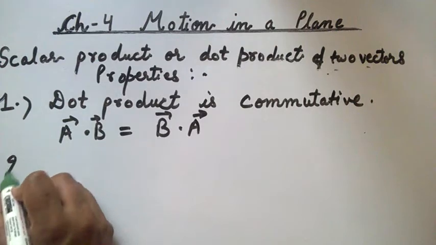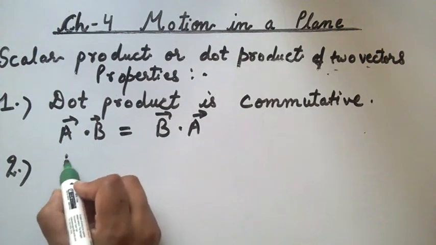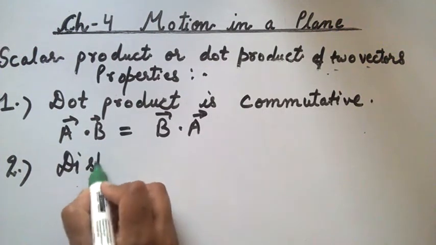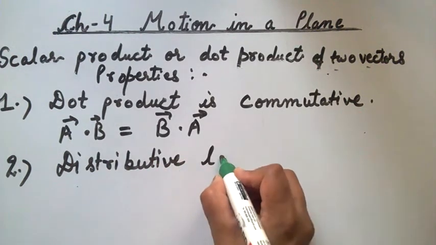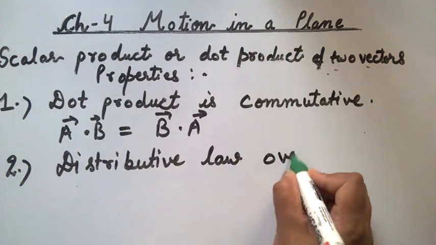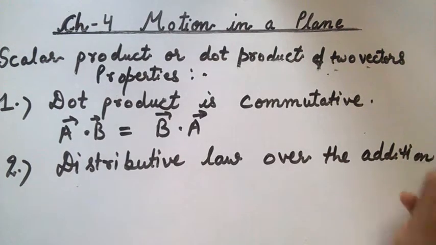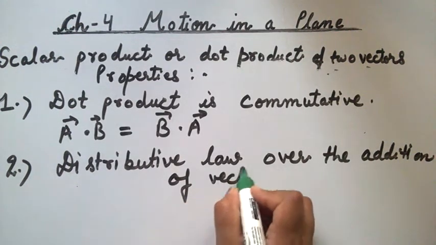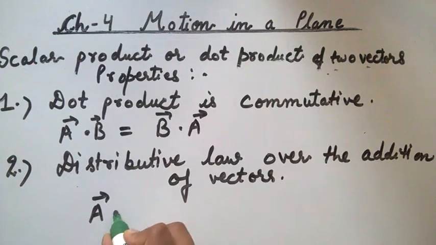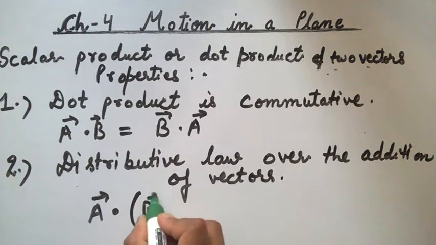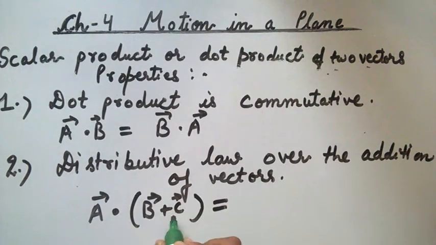Now the second is: the dot product obeys the distributive law over the addition of vectors. That is, A vector dot B vector plus C vector is equal to A vector dot B vector plus A vector dot C vector.